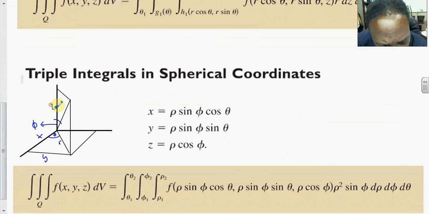So phi is there. This is z. This is rho. We form a parallelogram, so this is r up there as well.